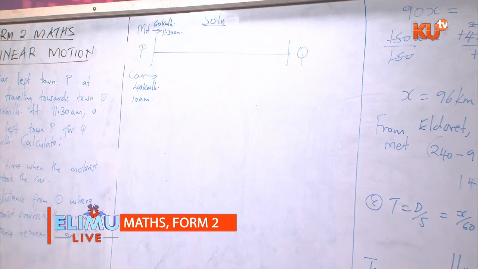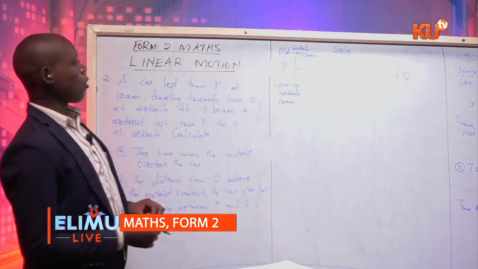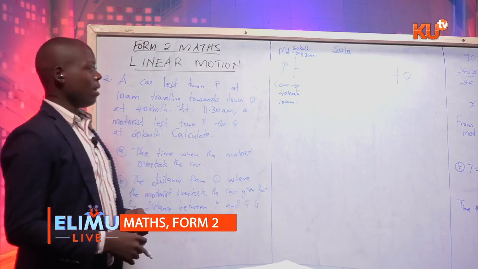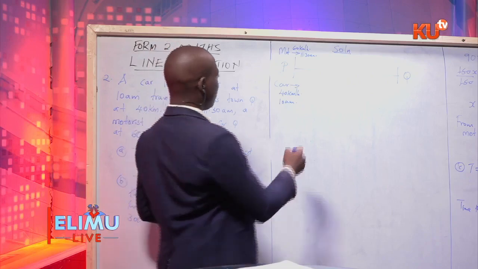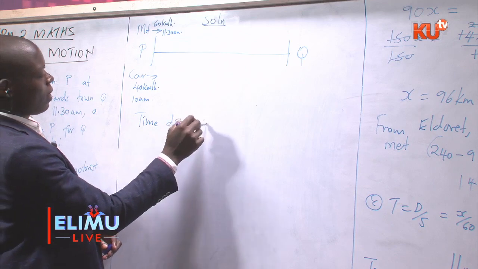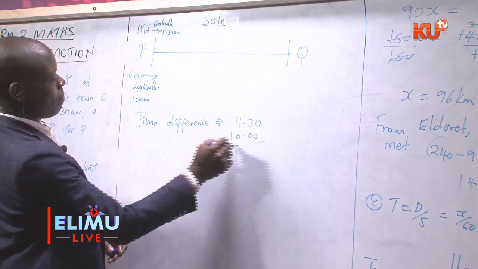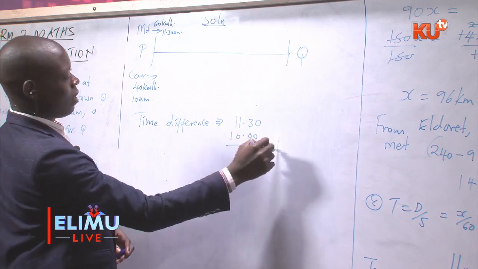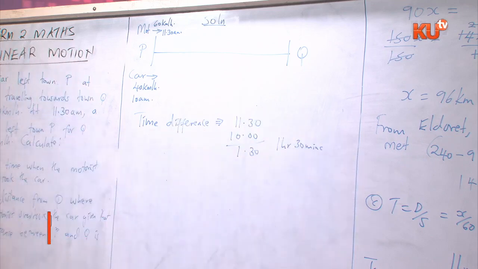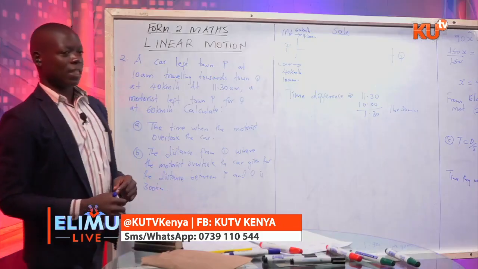So the first thing that we need to determine here is how far the car had gone by the time the motorist is leaving P. And that is captured in the time difference. The time difference here is 1 hour 30 minutes, which is simply 11:30 less 10 a.m. So we calculate the distance that the car had traveled in 1 hour 30 minutes.